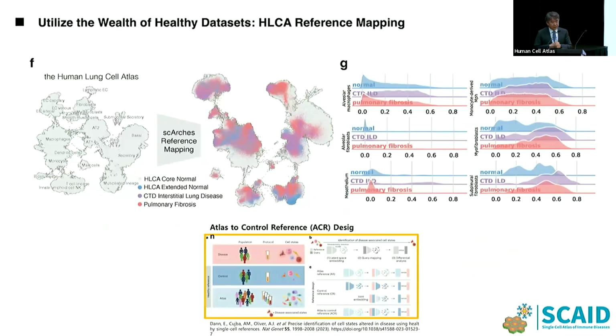Using the SGRC and the human lung cell references, we did the reference mapping and the uncertainty, and also we used normal lung data not in HCA, and some pulmonary fibrosis data as positive and negative controls. Using this uncertainty data, we can see there is a divergence from our samples to the references.